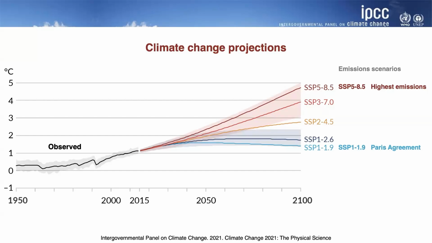And emission scenarios are storylines of the future that are a function of population, of energy use, and economic activity. So it's all a function of human behavior. And of course, the worst case is the darkest red here. And the best case is meeting the Paris Agreement goal. I'll talk a little bit more about that. And then we have these intermediate.